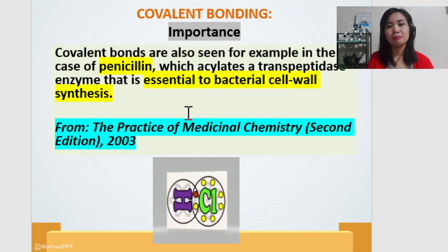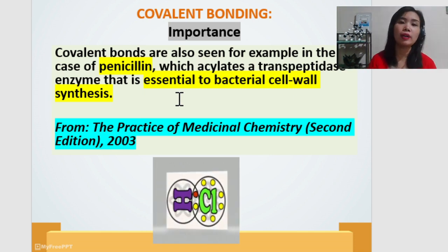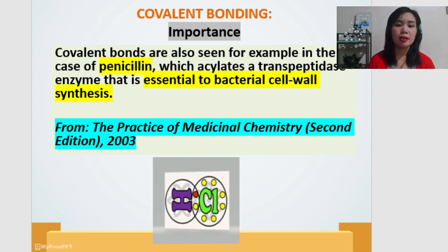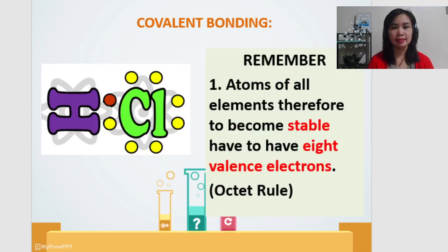And covalent bonds are also seen, for example, in the case of penicillin. So, ginagamit po din ni sila, no? Sa covalent bonding, very important to form compounds to create drugs, no? Like example, the penicillin. Okay, essential to bacterial cell wall synthesis.